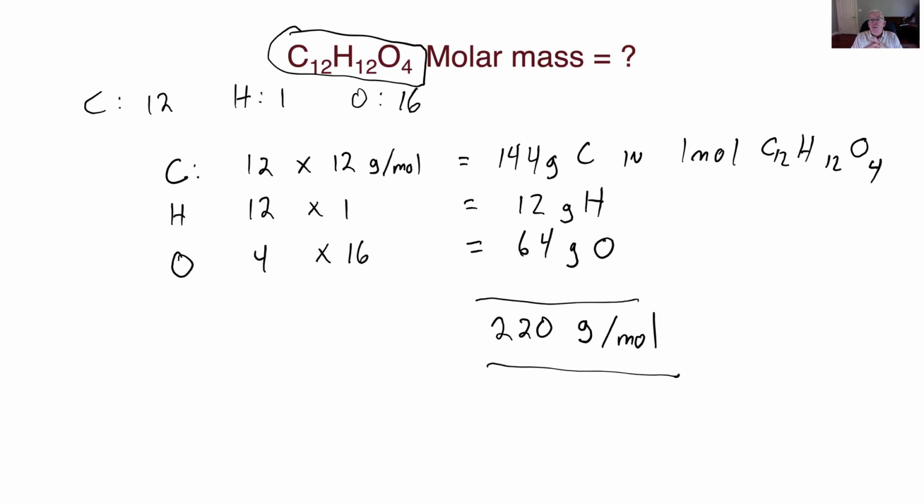Once we have that number, if I wanted to know how many moles were in some number of grams or some number of pounds or some number of tons or whatever, some mass of that substance, I'd be equipped to do it, because that 220 grams per mole, that's my conversion factor, whether I'm going from grams to moles or from moles to grams. Right? That thing works just like saying there's 2.54 centimeters in an inch. I can use it in either direction, right? I just want to make sure that I stack up my units in my calculations so that they all sort themselves out when we're going through things.